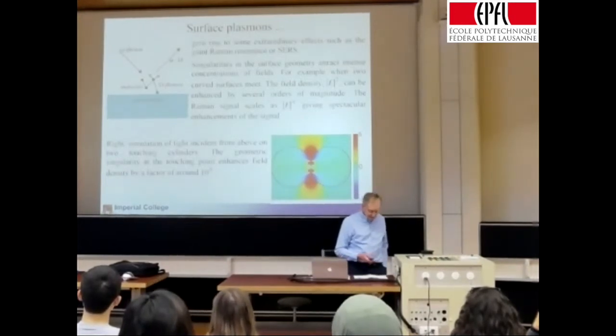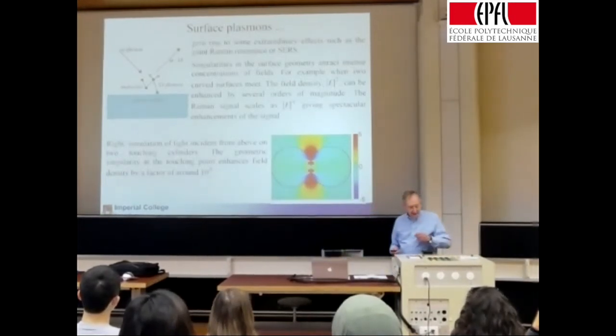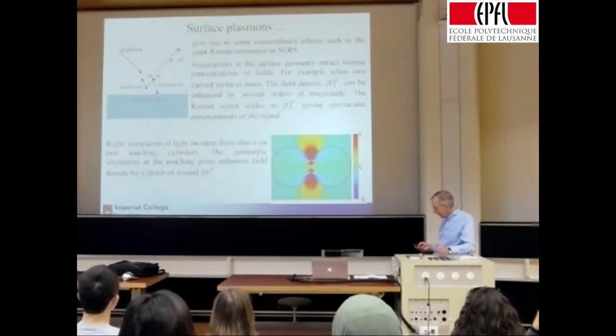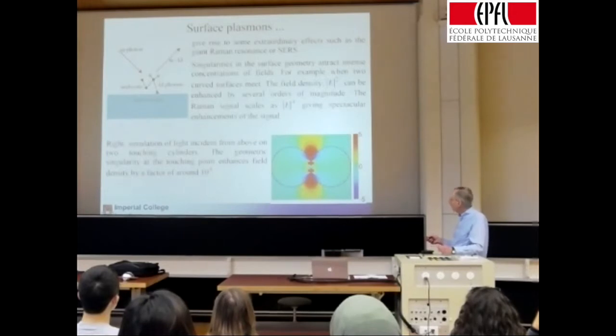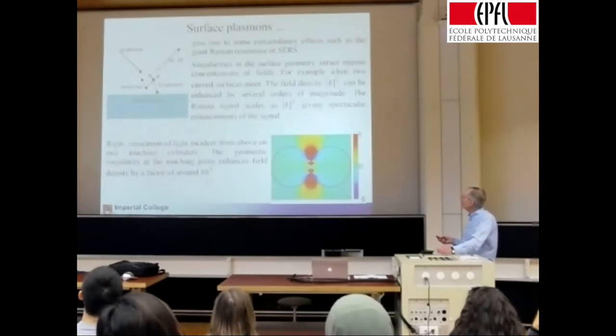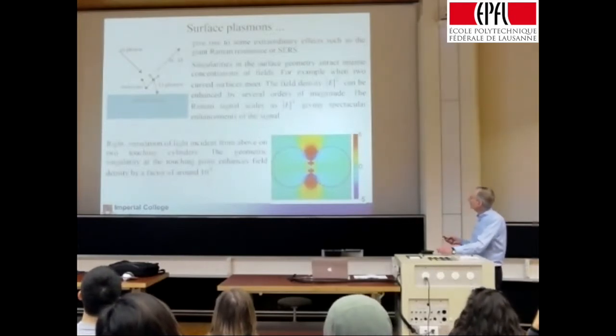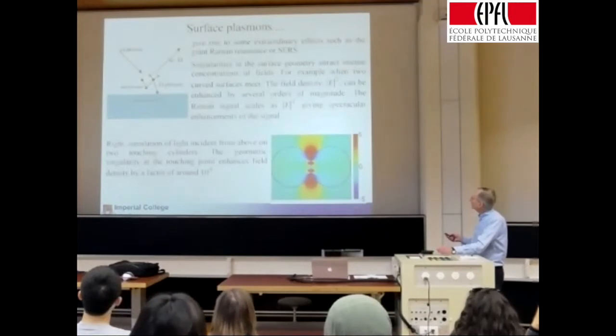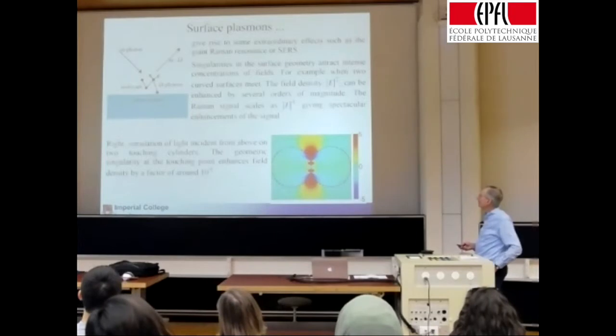Now, the first hint that this might be happening was in this experiment here, which is a Raman experiment. In the Raman effect, light hits a molecule, loses a bit of energy to the vibrational motion of the molecule, not very much, and goes off, and hence you can detect the fact that you've excited a vibration.